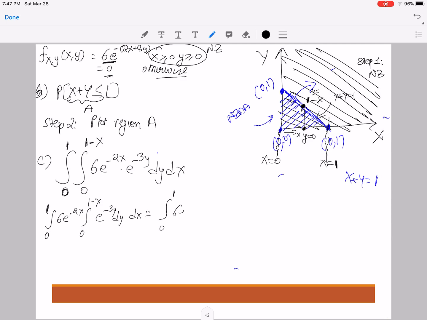When I do that, I get negative e to the negative 3y over 3. Let me remove this 3 and change that 6 to a 2, because 3 and 6 simplify to 2 here. E to the negative 3y, 0 to 1 minus x, dx. This gives me the integral from 0 to 1 of 2 times e to the negative 2x.